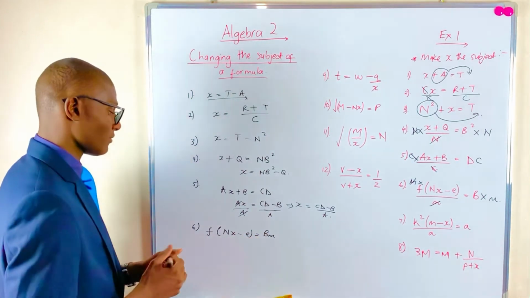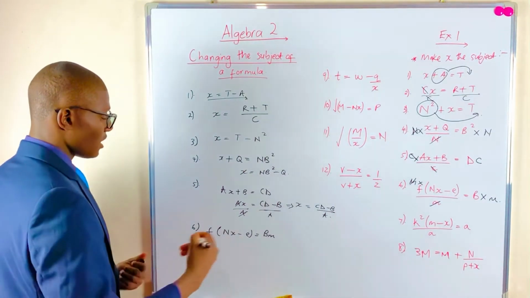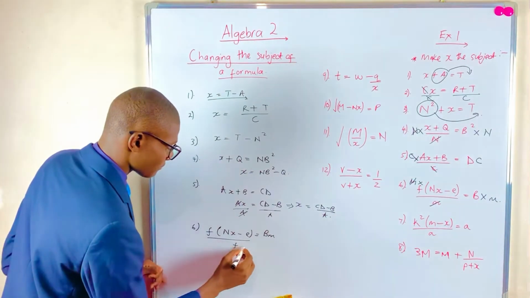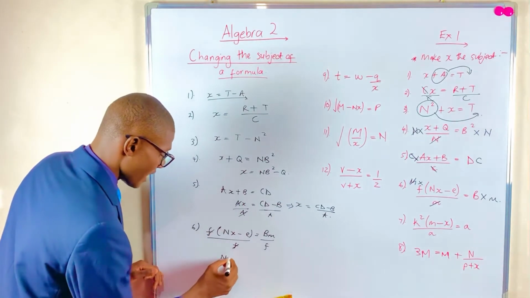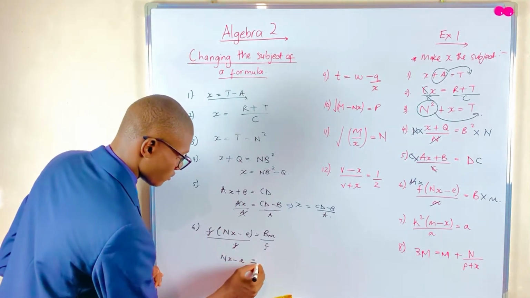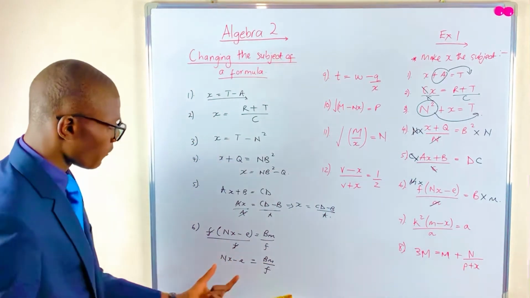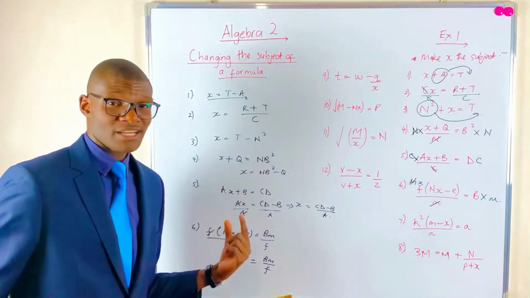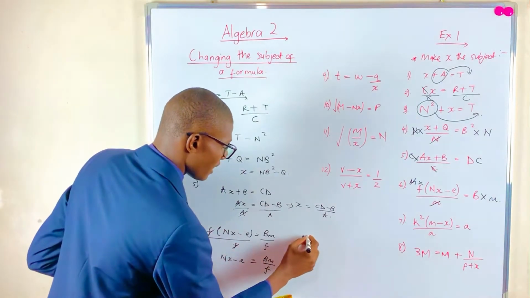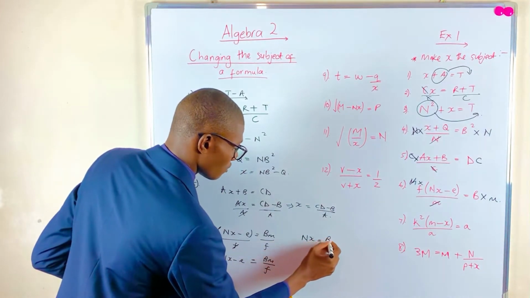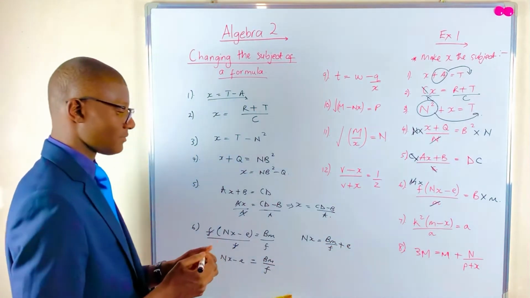Next is to get rid of this F, that is multiplying what's inside the brackets, so we divide both sides by F. That F will cancel, such that nx minus E is equal to Bm over F. Then we take this minus E from the left hand side to the right hand side, and the sign will change. So nx would be equal to Bm over F plus E.